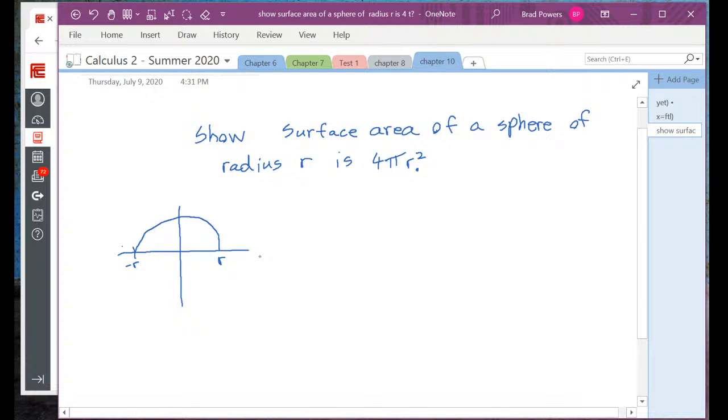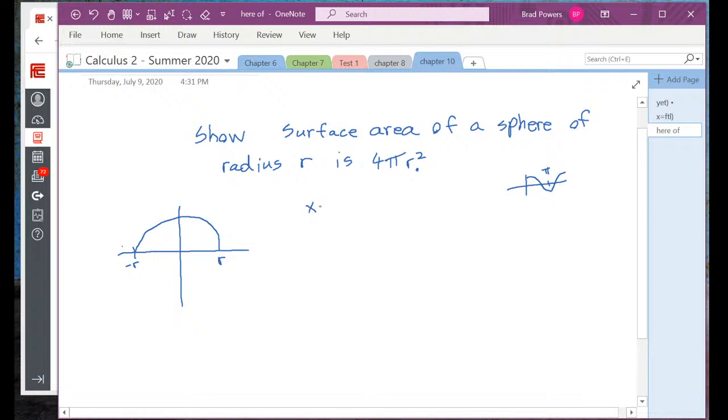Oh, actually, I take it back. Let me double check this here. Cosine of pi. Okay, no, that's right. So there we go.